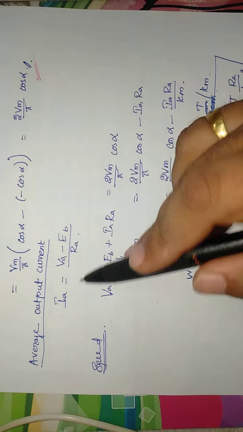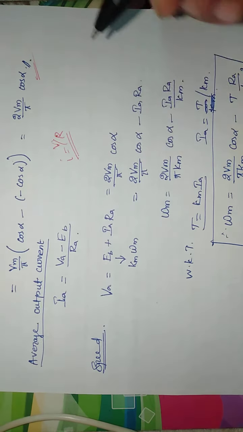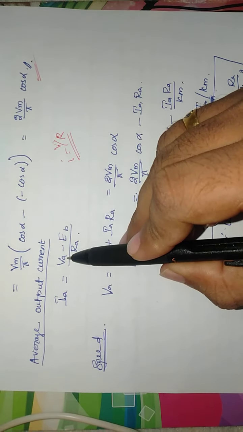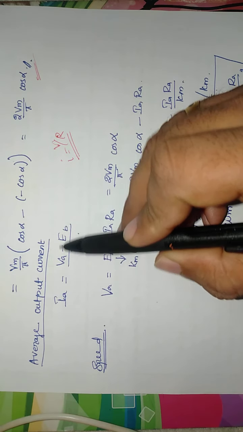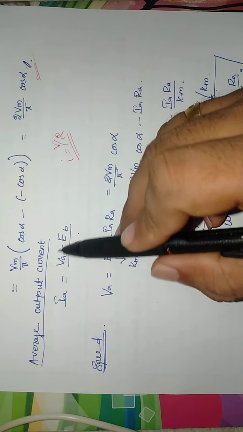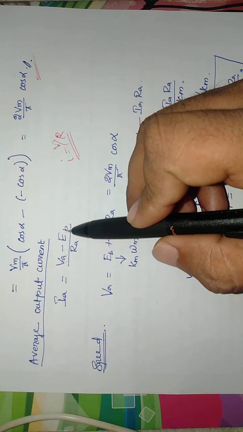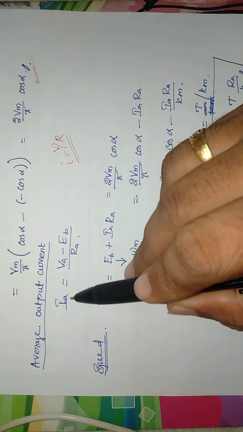Now the average output current. Current we know is V by R, that is the current according to Ohm's law. Here the voltage is nothing but the voltage drop, the difference between the armature voltage and the back EMF that is produced. That voltage is divided by Ra.